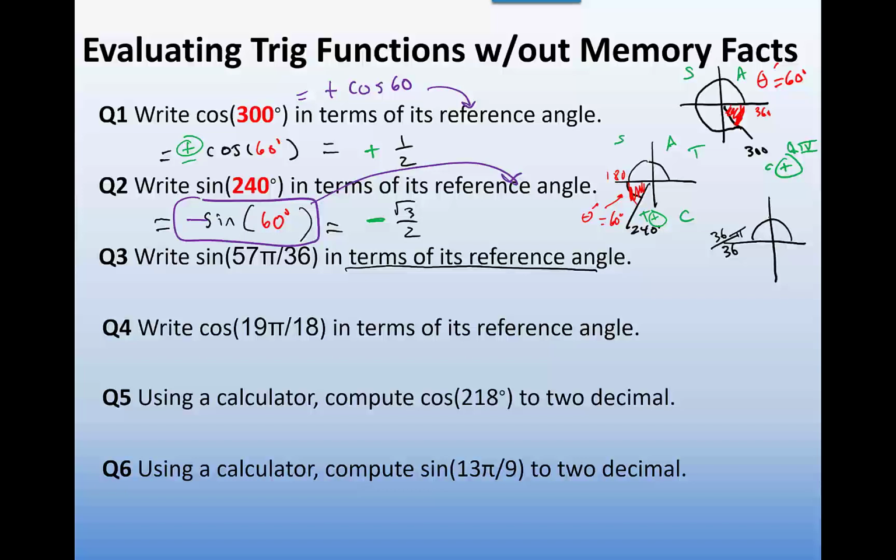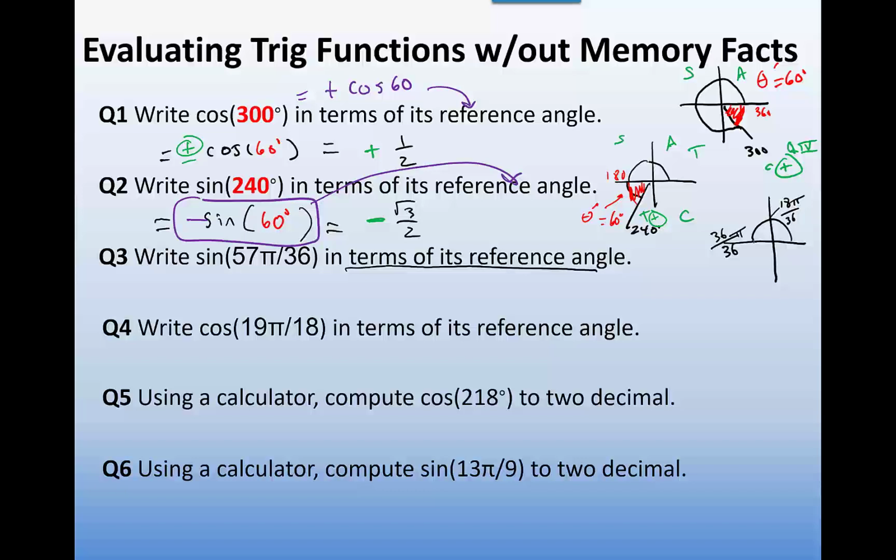Just to help me orient, I'm going to find out, do I go a quarter turn or less, or a quarter turn or more? And so I'm going to back up to find out this number. And that's just half of 36, which is 18 pi over 36. And so if I go 18 plus 36, turns out I get 54.